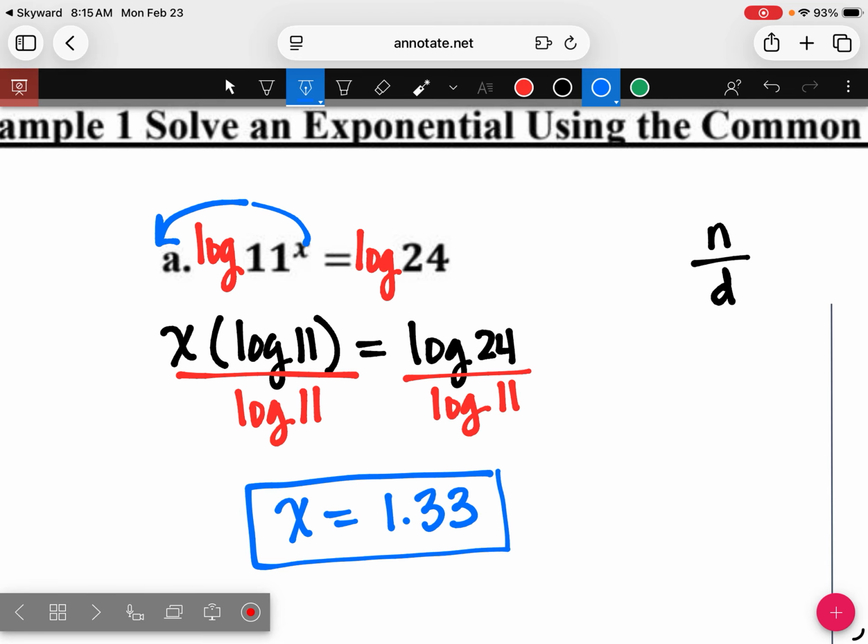So if you did not get that answer, raise your hand. I will come and help you type it in your calculator. Don't be shy. Don't press enter. No equal sign, you're just typing in log 24 and then log 11.